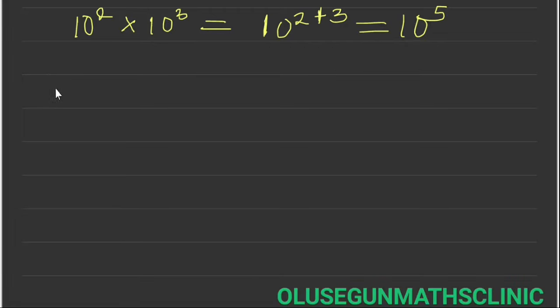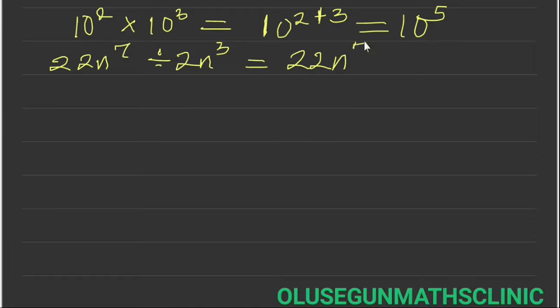Now, let's have another related example. Let's call this example 1, or anyhow in any form. For example, the question says you should solve 22n raised to power 7 divided by 2n raised to power 3. In solving this, let's rewrite to have 22n raised to power 7 divided by 2n raised to power 3.